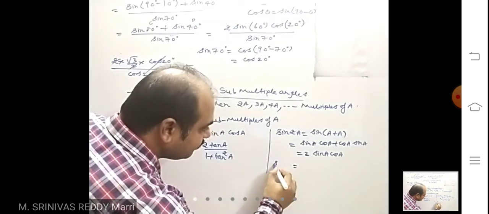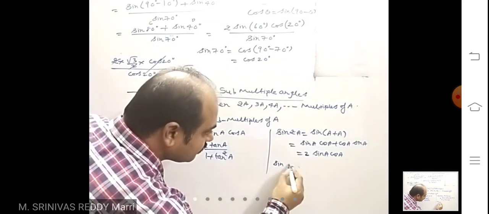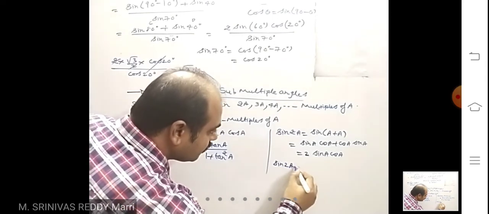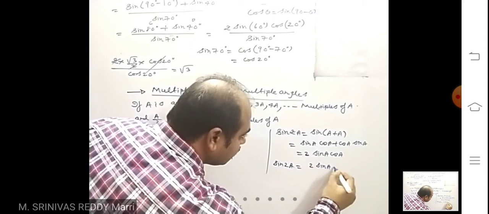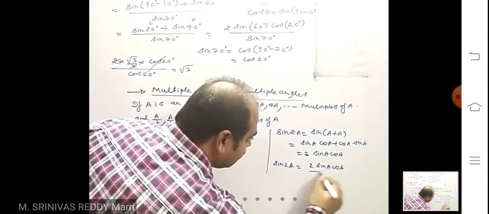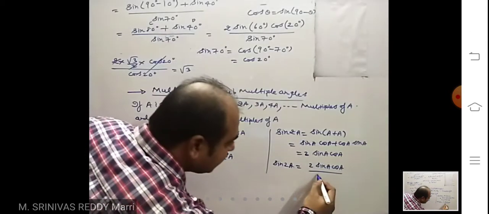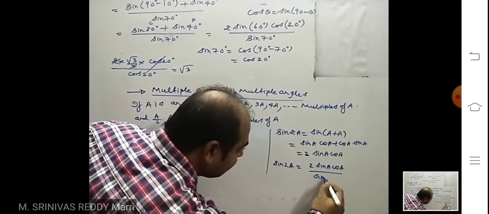This can also be written like this. Look at this: 2 sine A cos A divided by denominator 1.